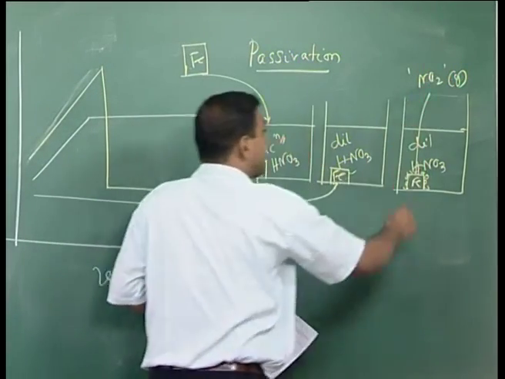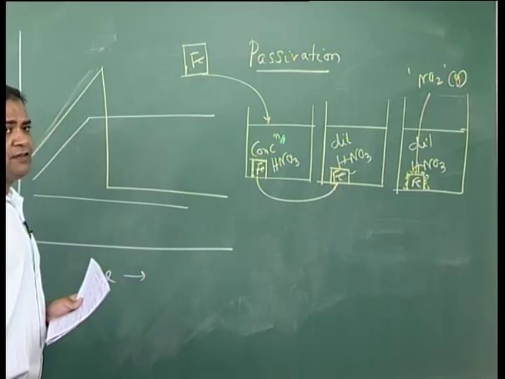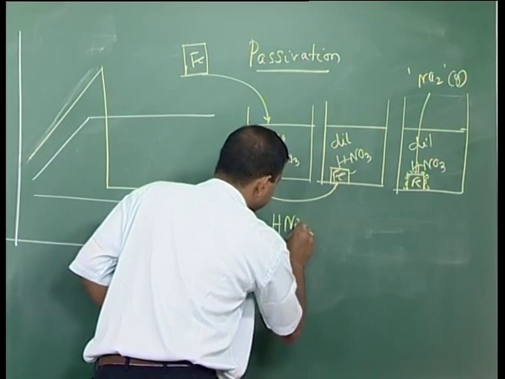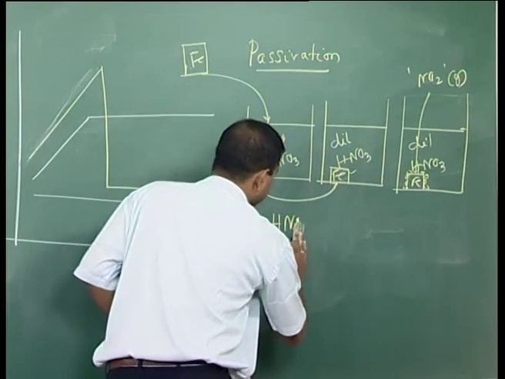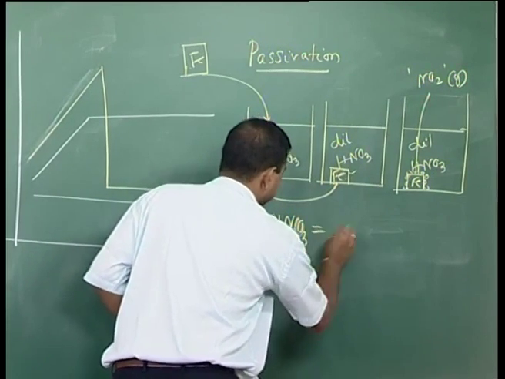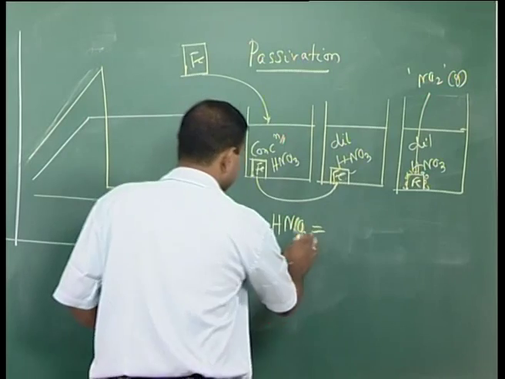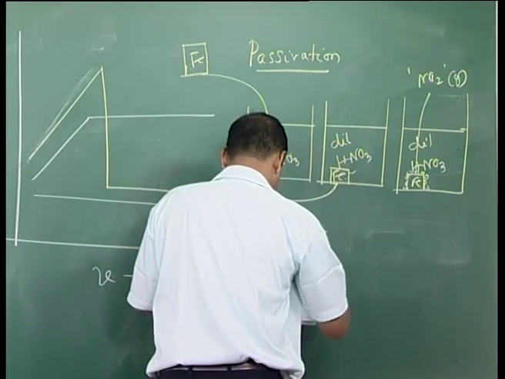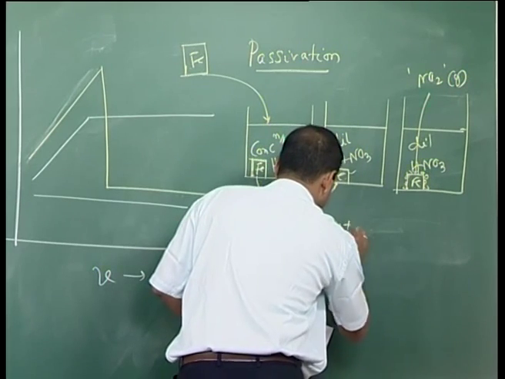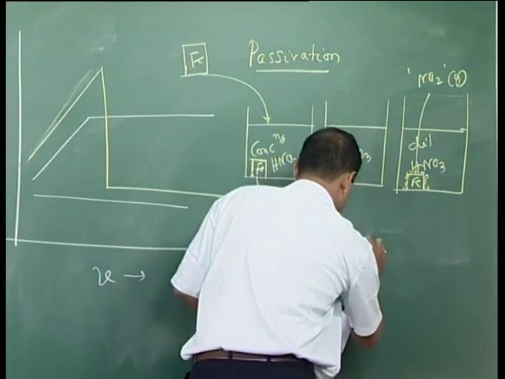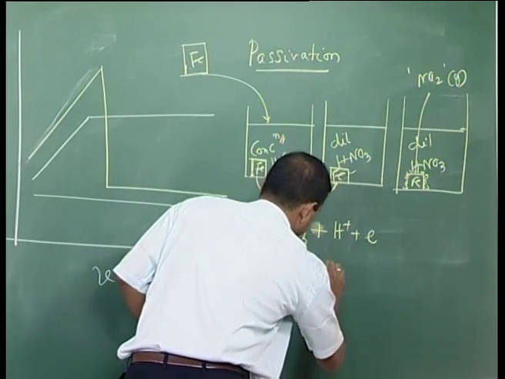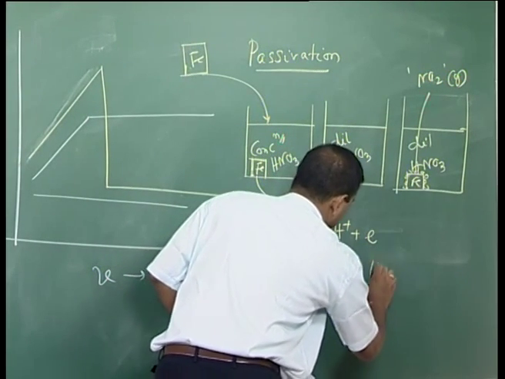Now, once we have NO2 gas, that means from HNO3 the formation of the gas can be related to this equation: NO3- plus 2H+ plus e- equals NO2 plus H2O.